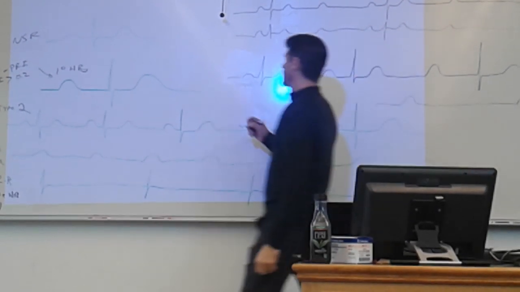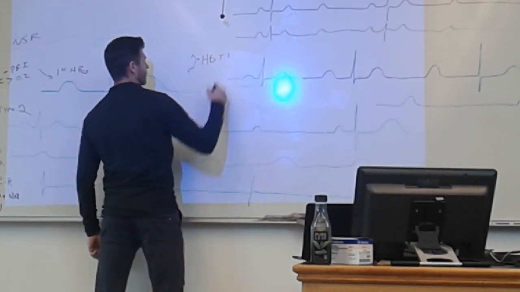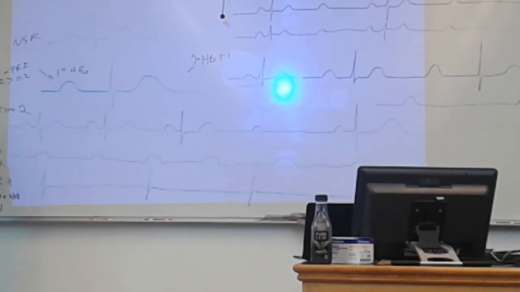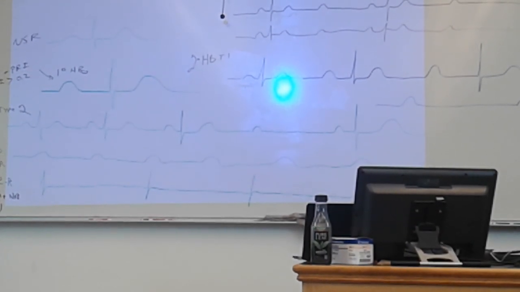Then I have what's called a second-degree heart block, type 1.